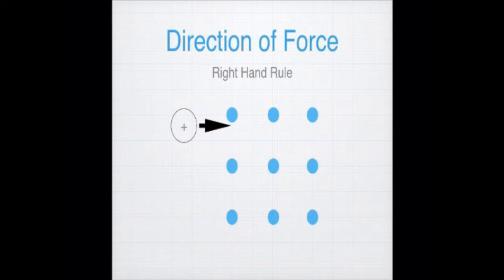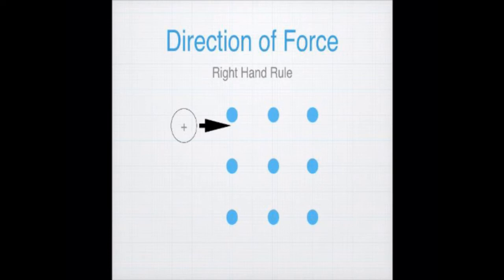So this is where you have your first right-hand rule when it comes to magnetism. There are several, so just get ready to use your right hand a lot. Your first step when doing the right hand rule is to, one, find your right hand.